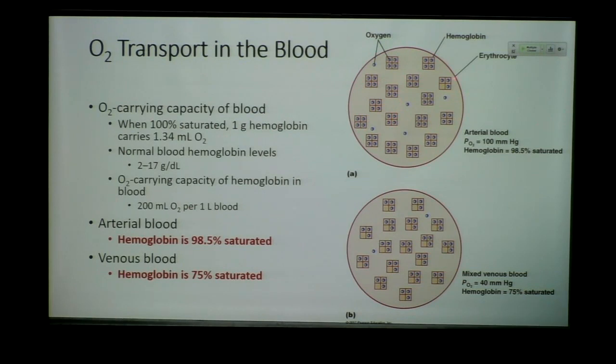We can see that here, with the exception of a few. That's why this is not fully 100, but for our purposes, we'll consider it to be 100, okay? And so at a partial pressure of 100, which we talked about, that's the partial pressure of oxygen in our systemic arteries, hemoglobin has most of the subunits bound with 4 oxygen molecules.